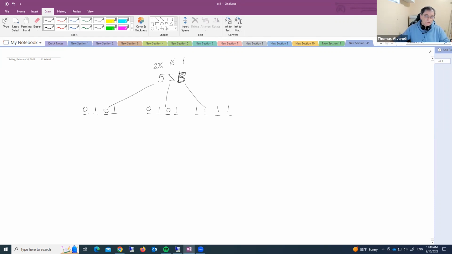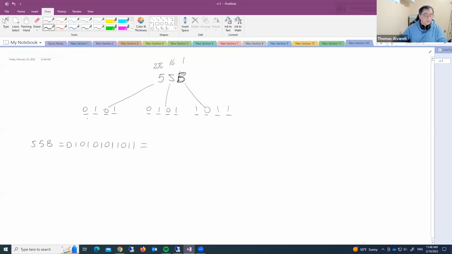So hexadecimal 5B equals binary 0101 1011.